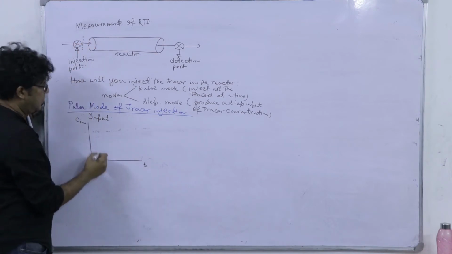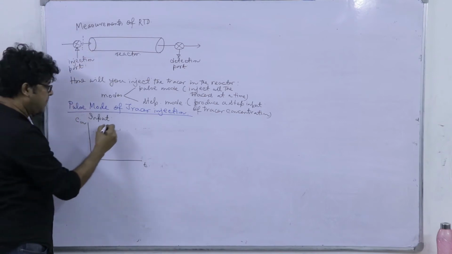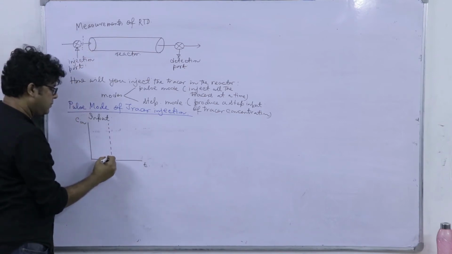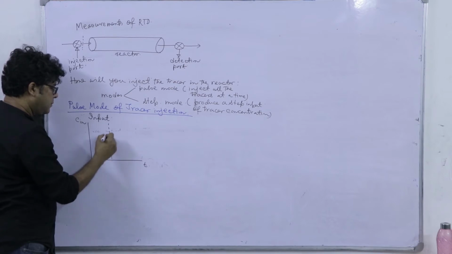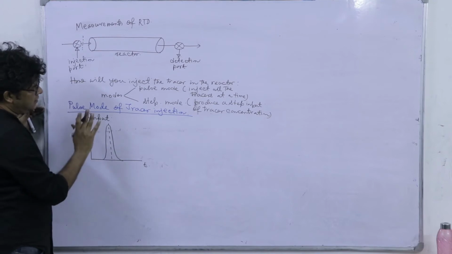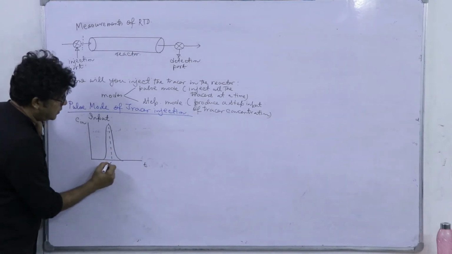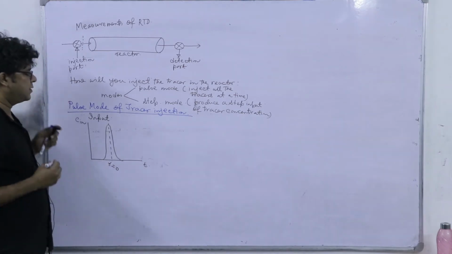What will you see? You have injected just side by, if you measure, then you will get something, a spike like this, okay? And this we will consider at time t equal to 0.